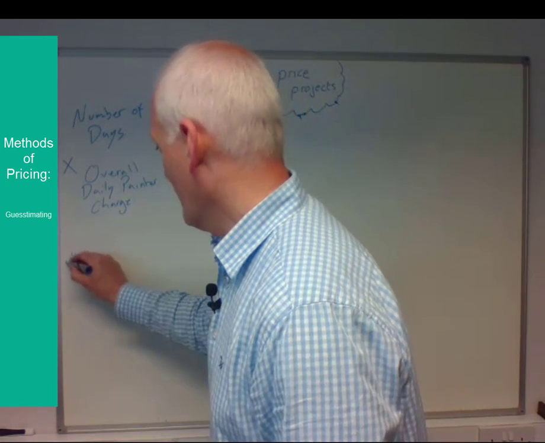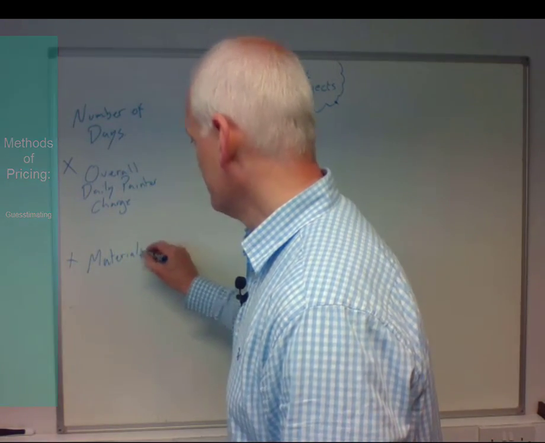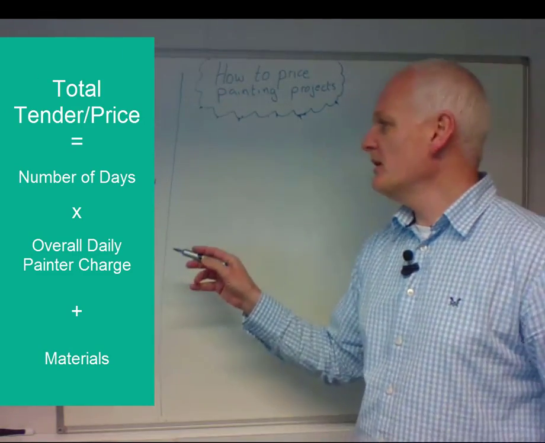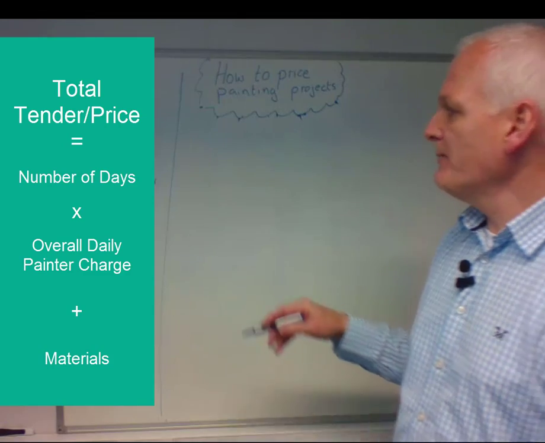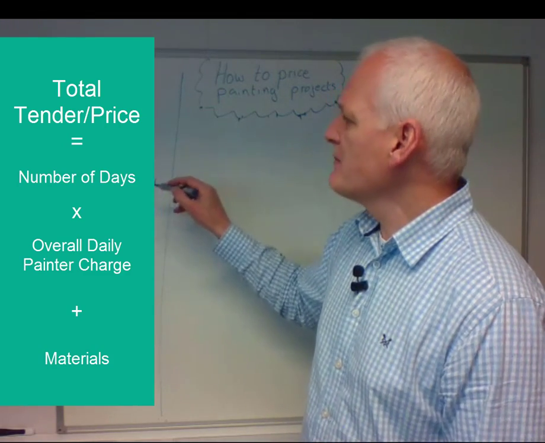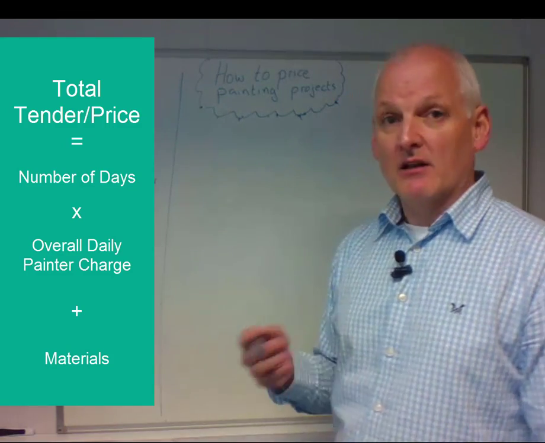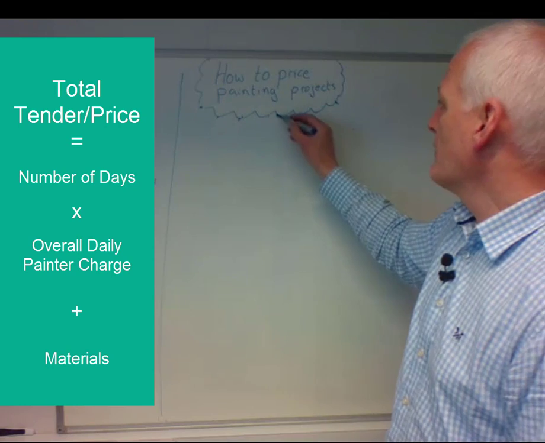And you're then going to add on your materials. Now you're probably thinking at this point, well, where's the mention of the overheads? Where's the mention of my profit? Well, we'll cover those items within the overall daily painter charge. So just bear with me and I'll go on to explain that shortly. First of all though, let's look at the number of days.